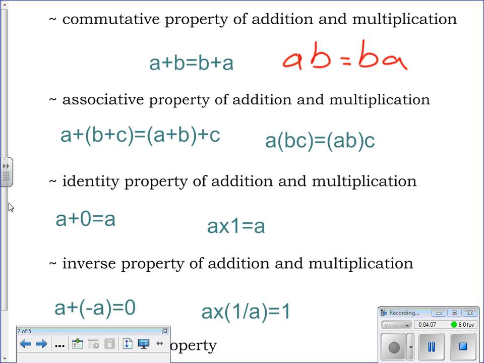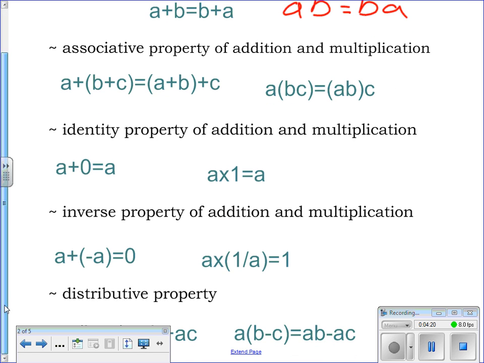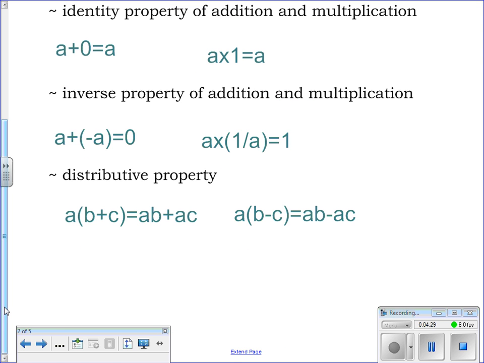Identity property of addition and multiplication. Anything plus 0 is itself. Anything times 1 is itself. The inverse properties, and we already talked about the inverses, right? The inverse of A is negative A. It's called an inverse because when you add them together, you get 0.